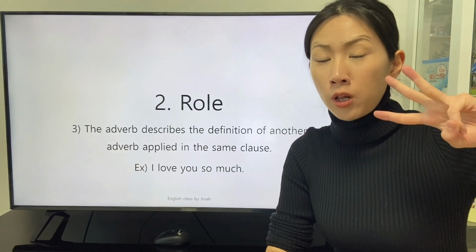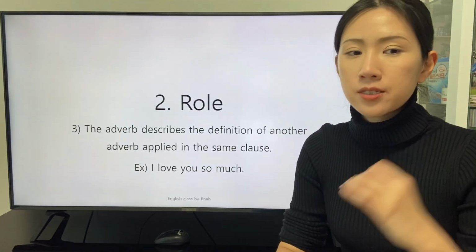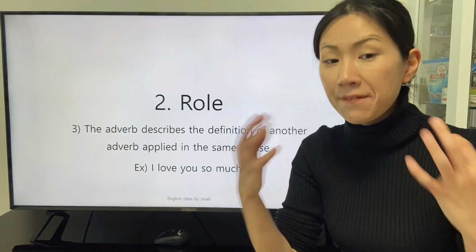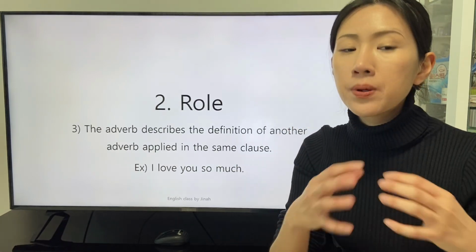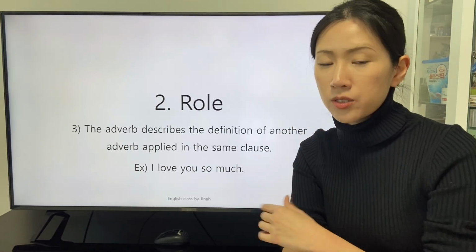The third role of the adverb is this. The adverb describes the definition of another adverb applied in the same clause.